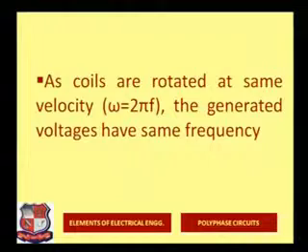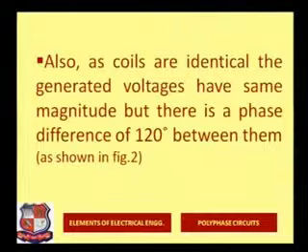And as the coils are rotated at the same velocity, omega equal to 2 pi f, the generated voltage will have the same frequency. Also, as the coils are identical, the generated voltage in each coil will have the same magnitude. The only thing is that there will be a phase difference of 120 degrees between them, which we just saw in the phasor diagram as well as the waveform.